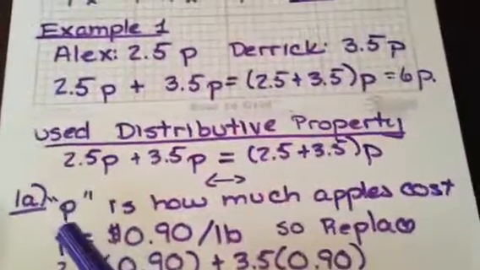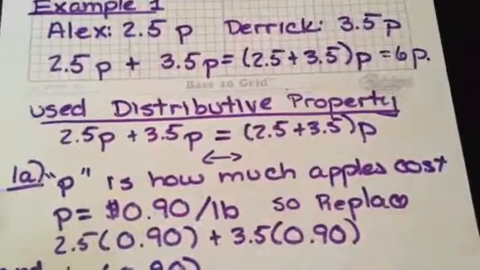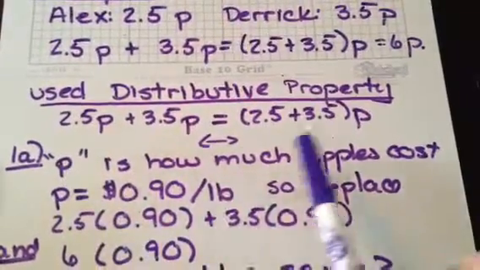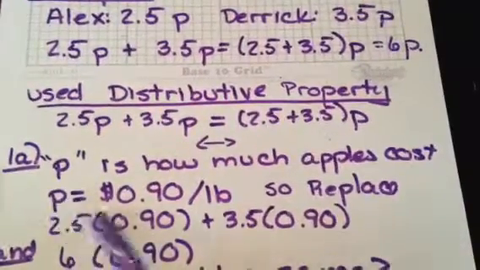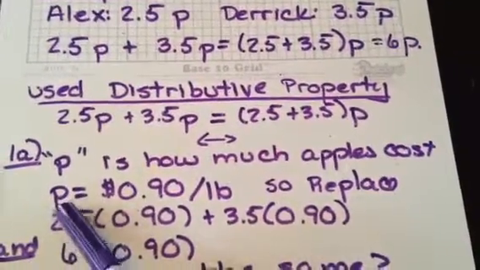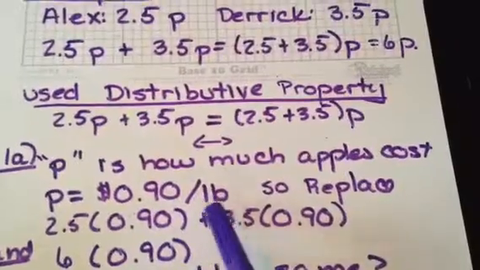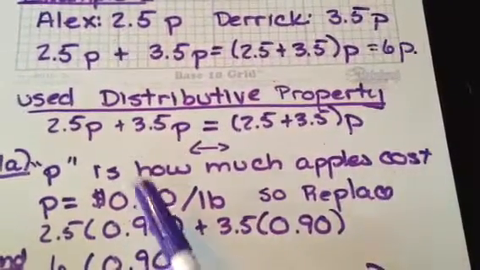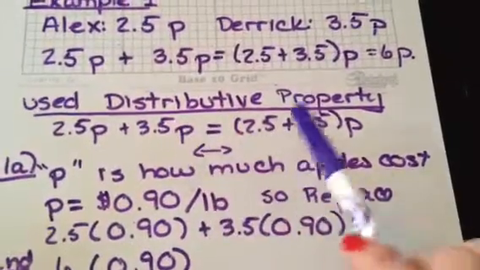Now, they want you to figure out how much was actually spent. So p is how much the apples cost. And they tell you to assume that p, the cost of the apples, is 90 cents a pound. So if that is true, then you just need to replace everywhere that you use p.